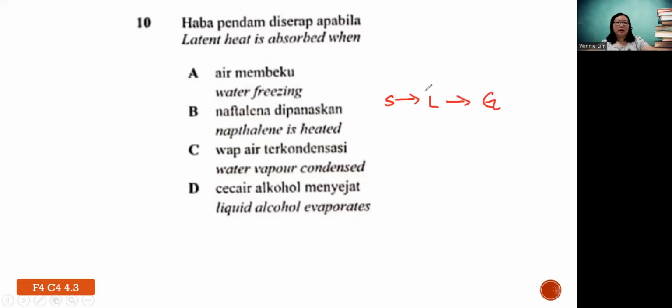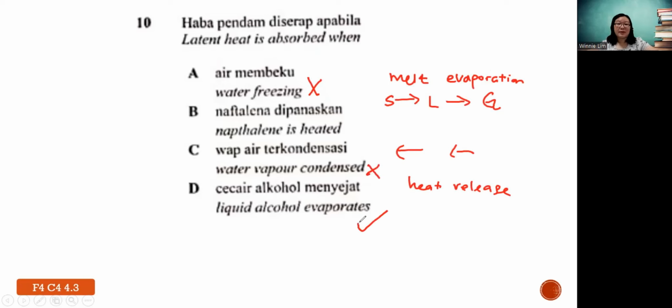Example, ice melting. Then liquid to gas, evaporation or boiling. If vice versa, then the heat is released. So freezing, no. Condensation, no as well. Evaporation, yes. Heated is not the idea yet, because you didn't tell. So the answer is D for number 10.